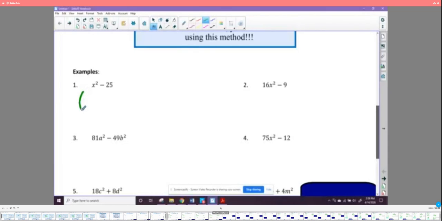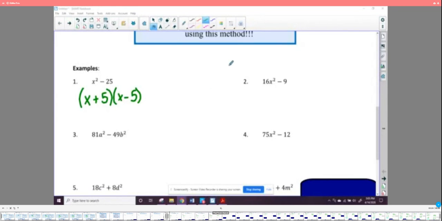So our answer is going to be the square root of x squared, which is x, plus, what's the square root of 25? That's 5. Then we rewrite the same thing, but with subtraction, x minus 5.